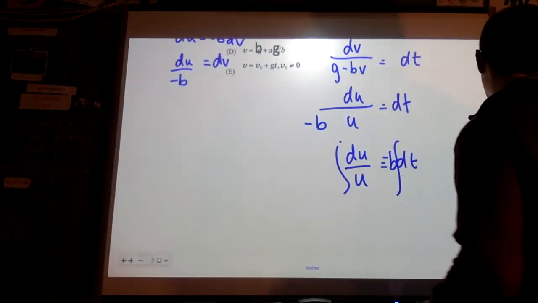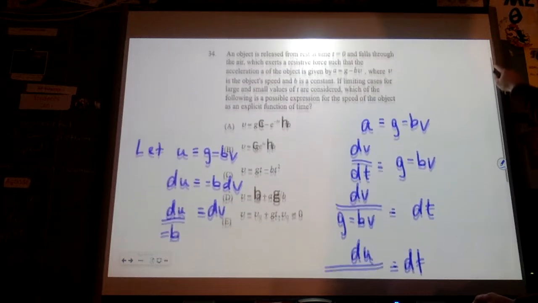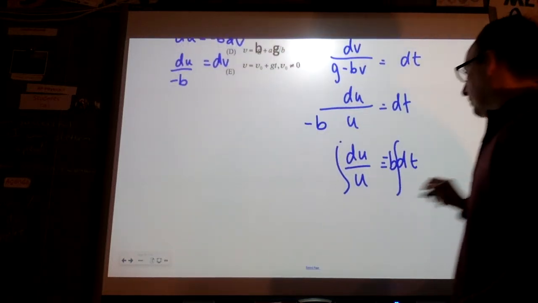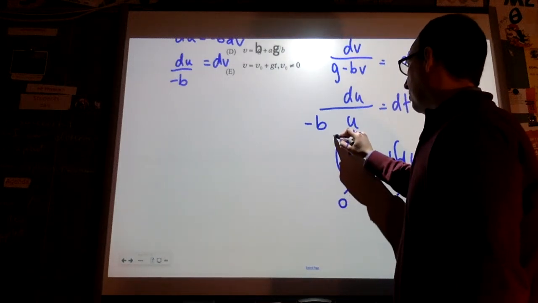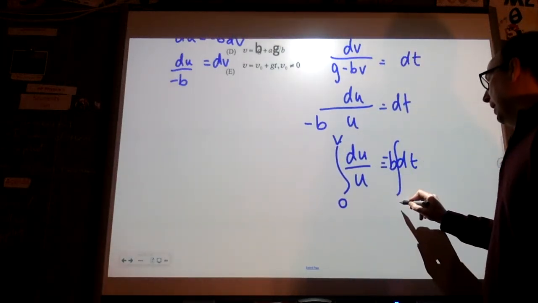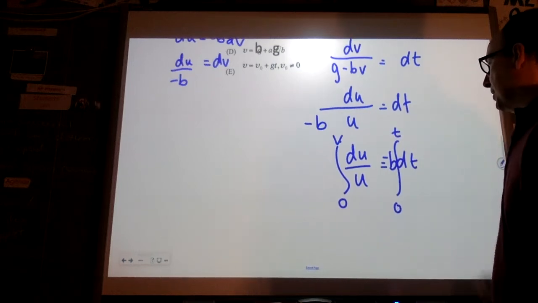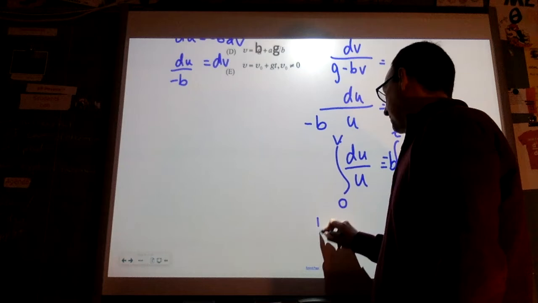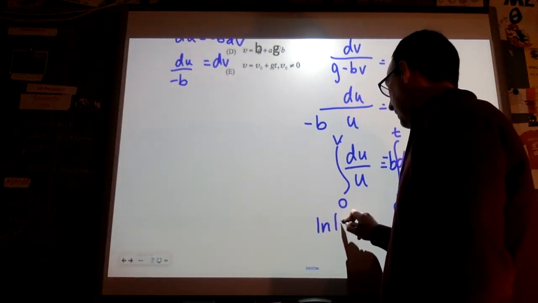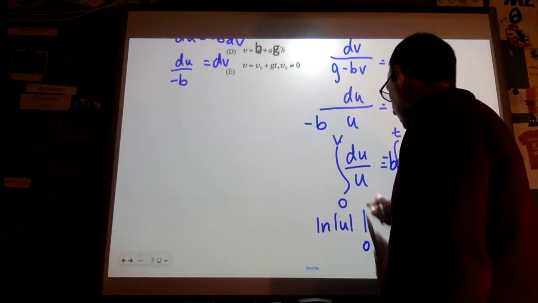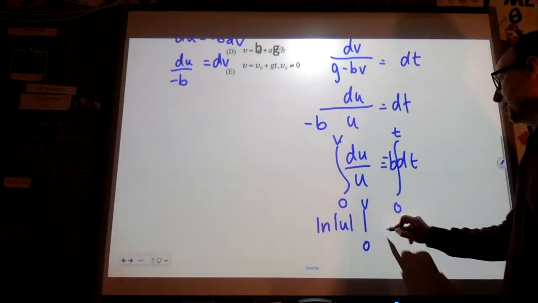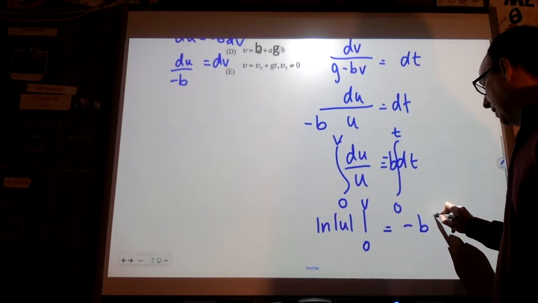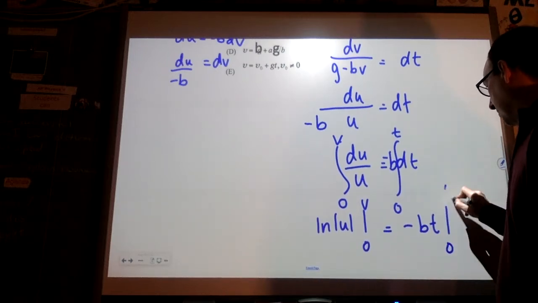All right, so I'm going to go from, it's from rest, so I'm going to go from 0 to v, and I'm going to go from 0 to t. And so the integral of this is going to tell me that I have the natural log of u from 0 to v, and I'm going to have negative bt from 0 to t.